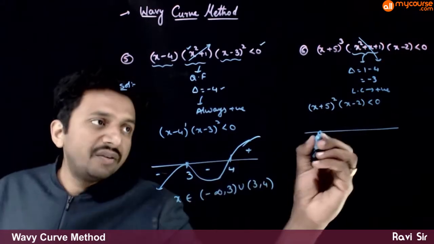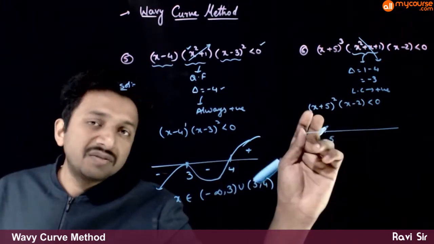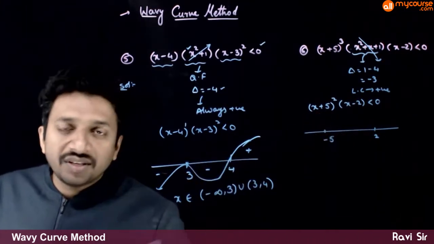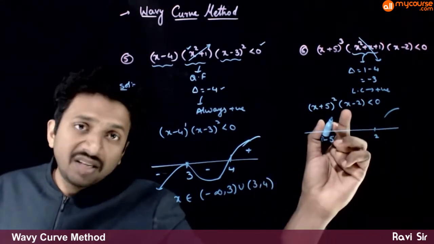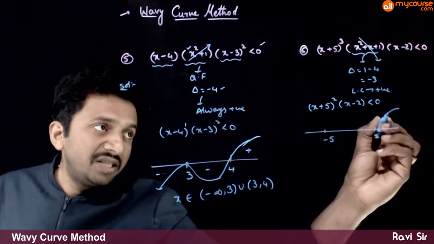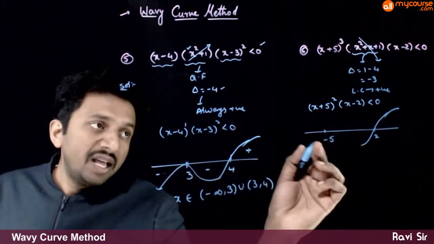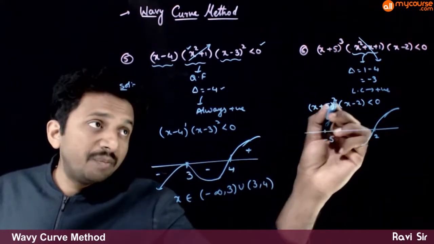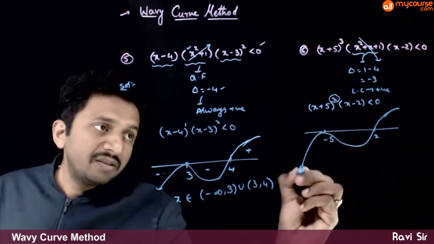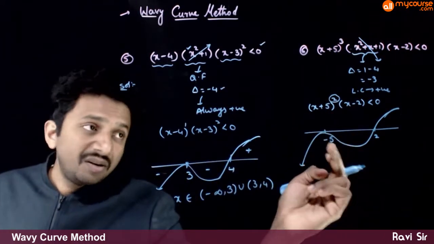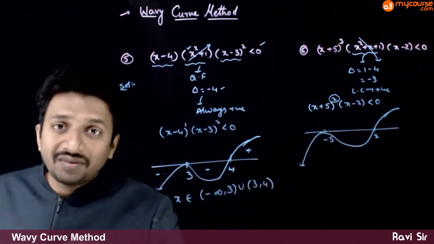So the wavy curve becomes something like this, 5 for this, 2 for this. I start from above the x-axis. At x is equal to 2, the sign changes, so this becomes negative. At x is equal to 5, the power is even, so the sign does not change. It comes from the negative side and goes to the negative side only.